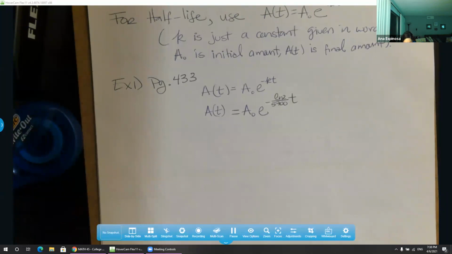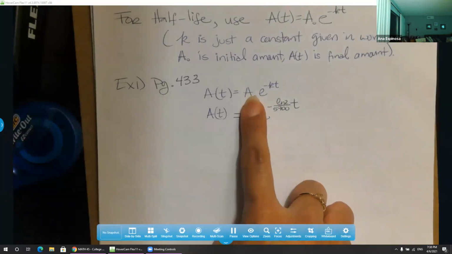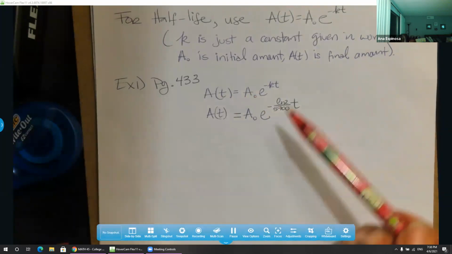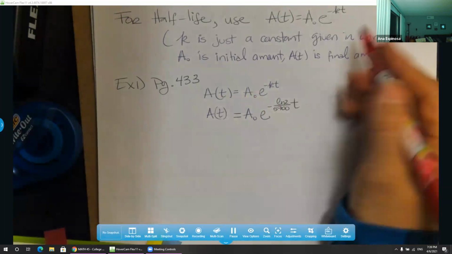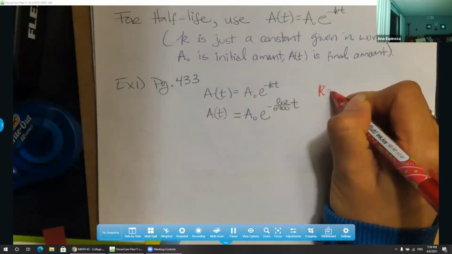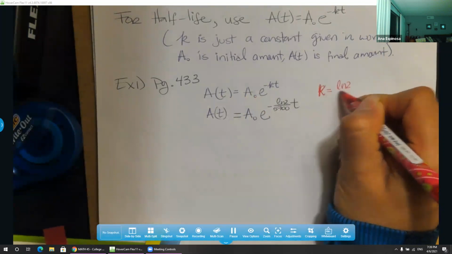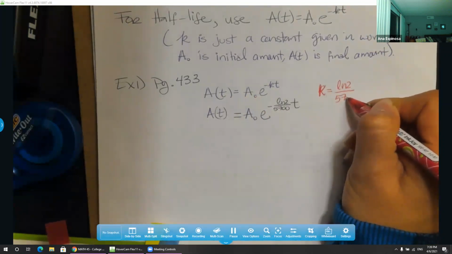The amount of carbon-14 present T years is given by the exponential function. Let me just point it here. This one, this is the function. With K, they say that K equals, so it's more like an R, ln of 2 over 5,700.